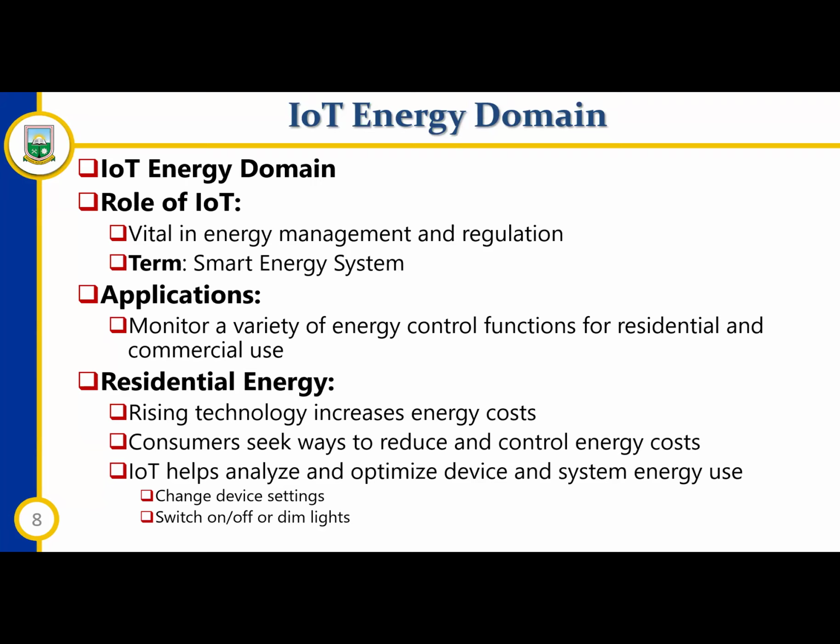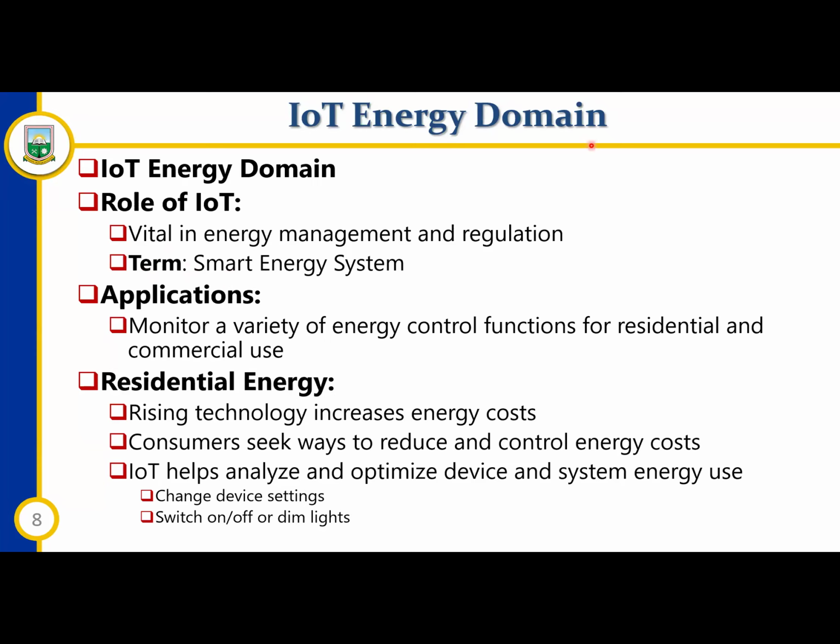So let's talk about the use of IoT in different domains. When we think about IoT in the domain of energy, the Internet of Things plays a vital role in the field of energy management and regulations. The term used here is smart energy system.